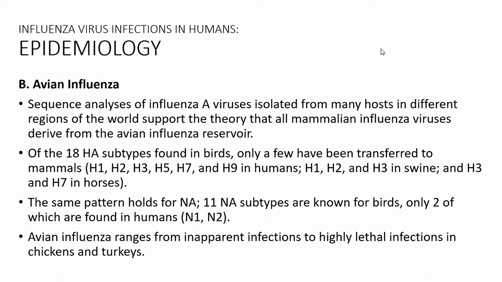The same pattern also holds for the NA. There are 11 known subtypes of NA for birds, but only 2 are found in humans, which are N1 and N2. Avian influenza ranges from inapparent infections to highly lethal infections in chickens and turkeys.